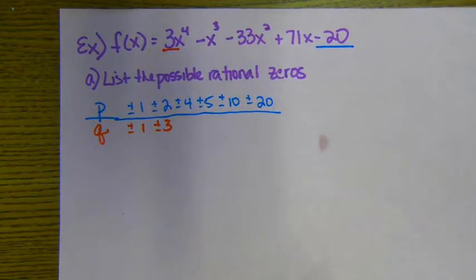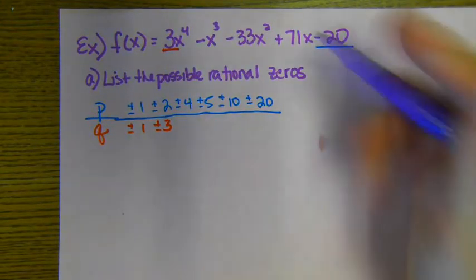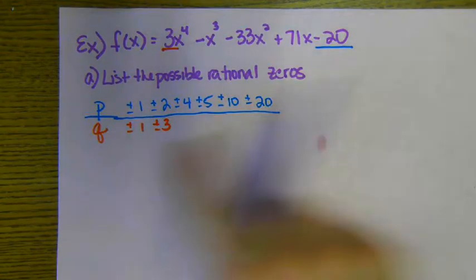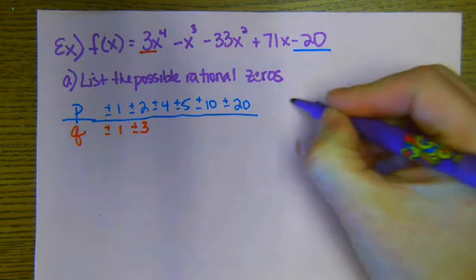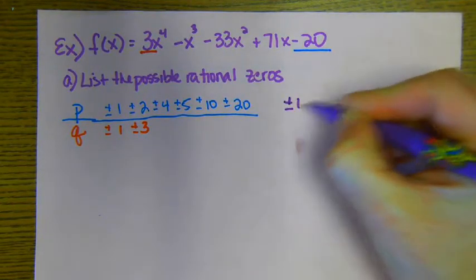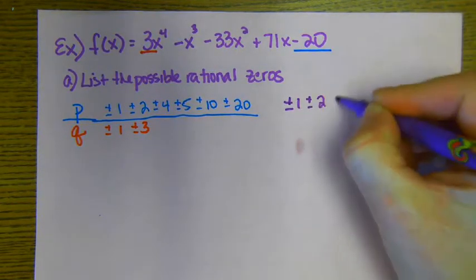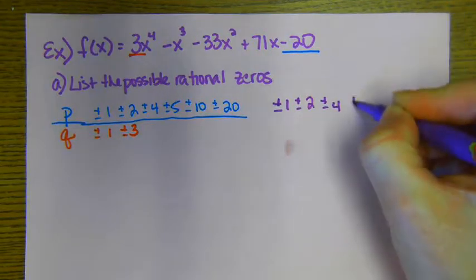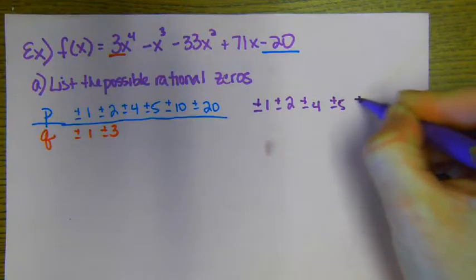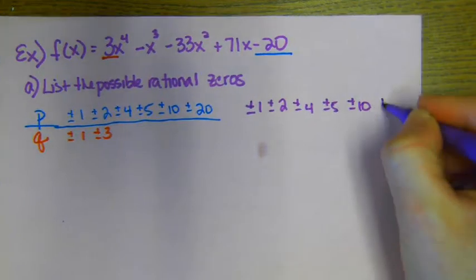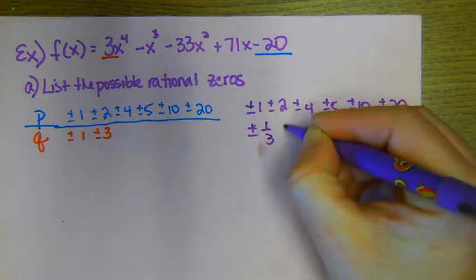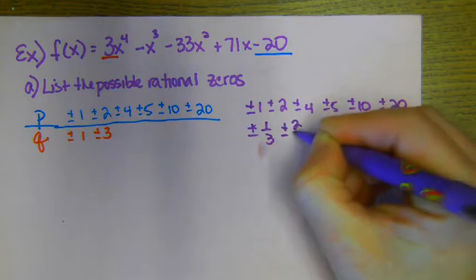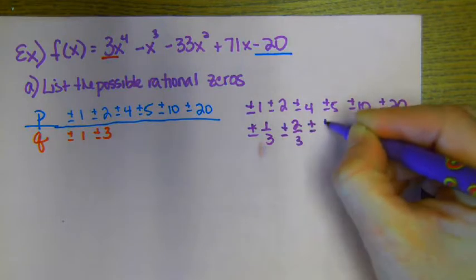Really the list, if I put it all together, is all of these divided by 1 and then all of these divided by 3. So I'll write them out. I know, lots, huh?